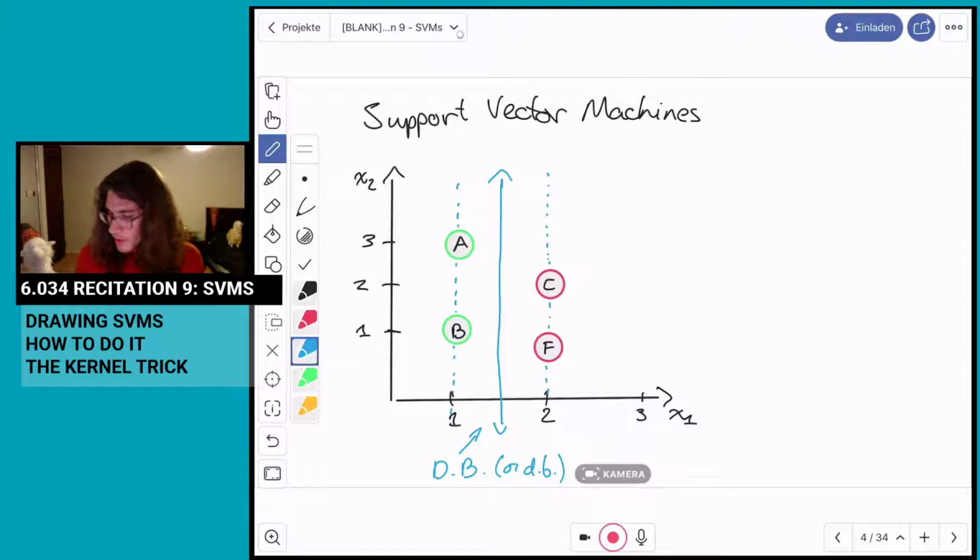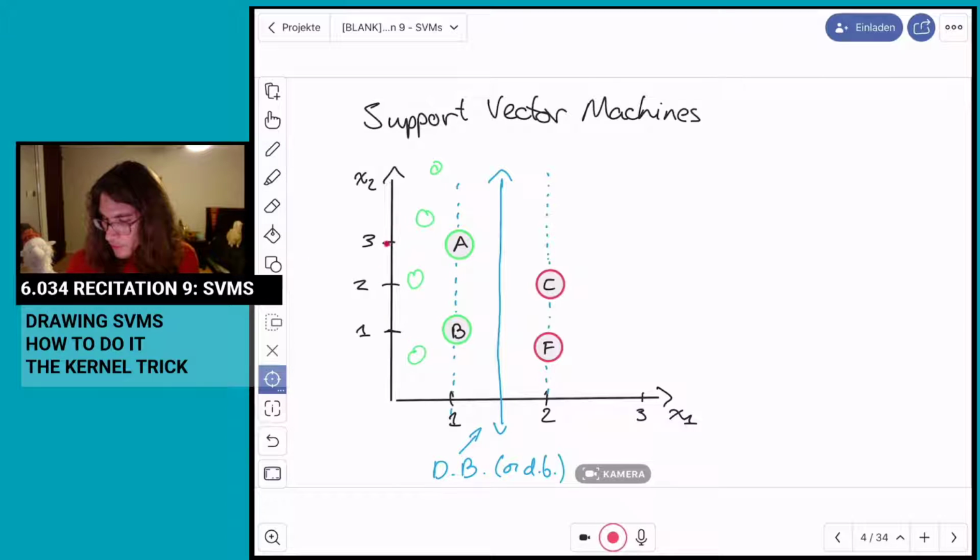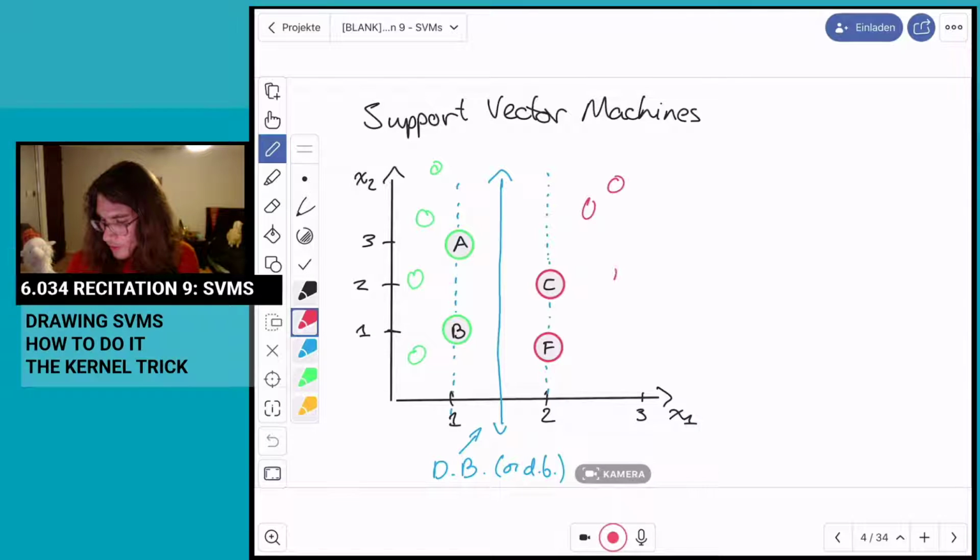So imagine that we're zoomed in in this case, that I have these 4 points, but I have a point here, a point here, a point here, and this whole area to the left is full of green points. And similarly, this whole area to the right is full of red points.